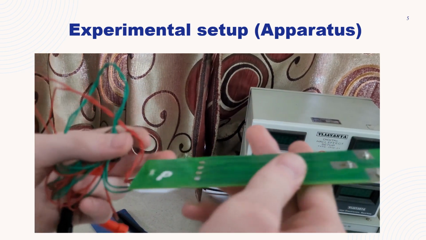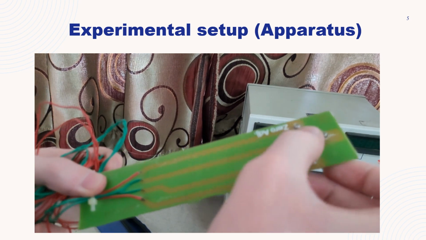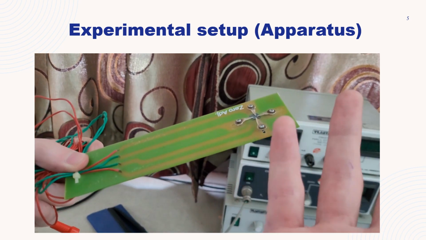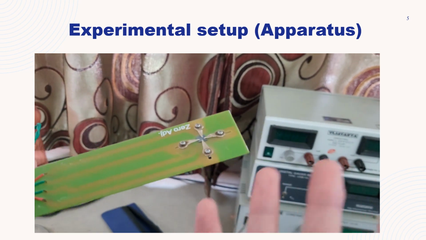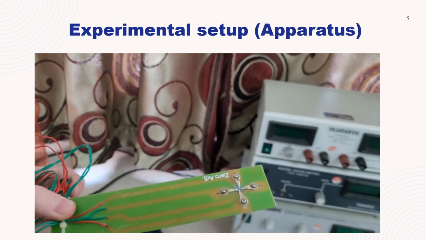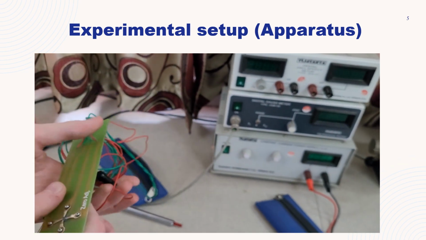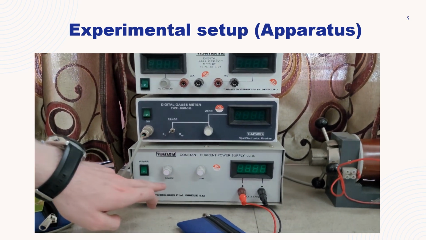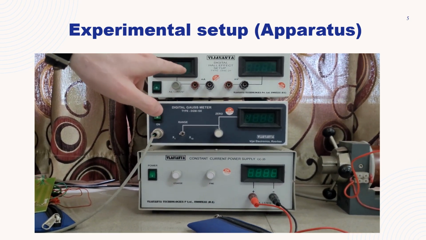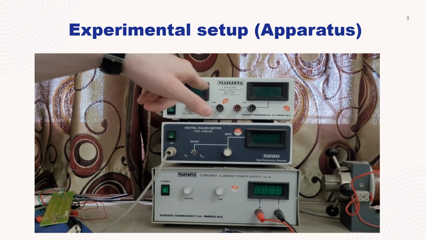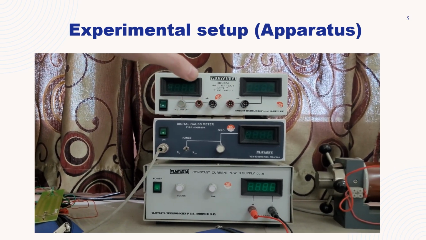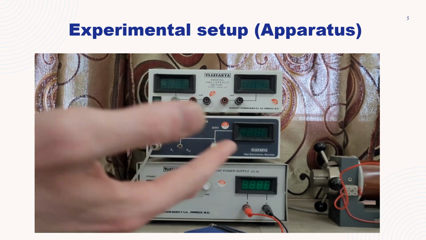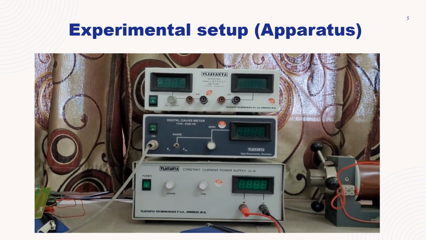And so in this way we can probe the current flowing through and the voltage across the n-type and p-type germanium samples. And it also contains a constant current power supply and a multimeter to measure the Hall current and Hall voltage across the germanium samples.